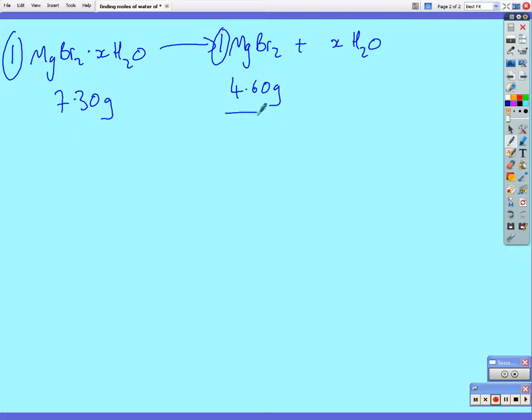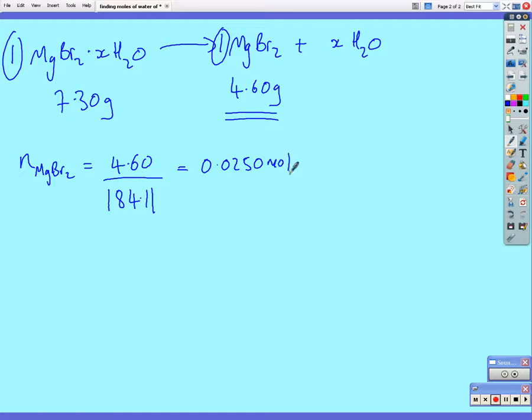So if we work out the number of moles of the anhydrous magnesium bromide, it's 4.60 divided by its molar mass, again found from the periodic table, it gives us 0.0250 moles. Now, that means that the number of moles of the hydrated salt must be the same, because we've assumed it's all been converted to magnesium bromide in a 1-to-1 ratio. So that is also equal to 0.0250 moles.